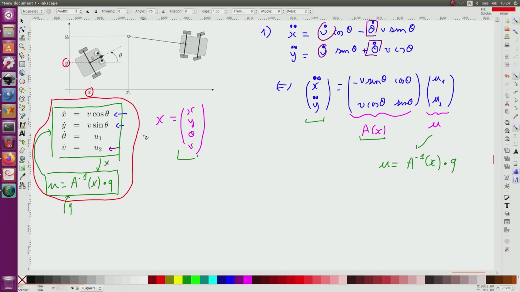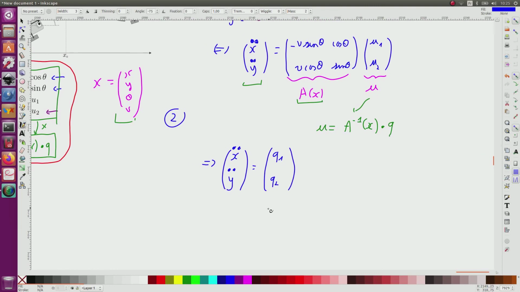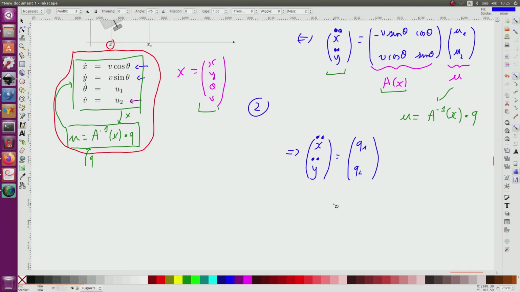Okay. And with this controller, I will have a simplification between A of x and A minus 1 of x, and I will obtain x double dot, y double dot equal to q1, q2. So it is question number 2 of the exercise. Okay, so it means that q1 and q2 can be chosen as I want.